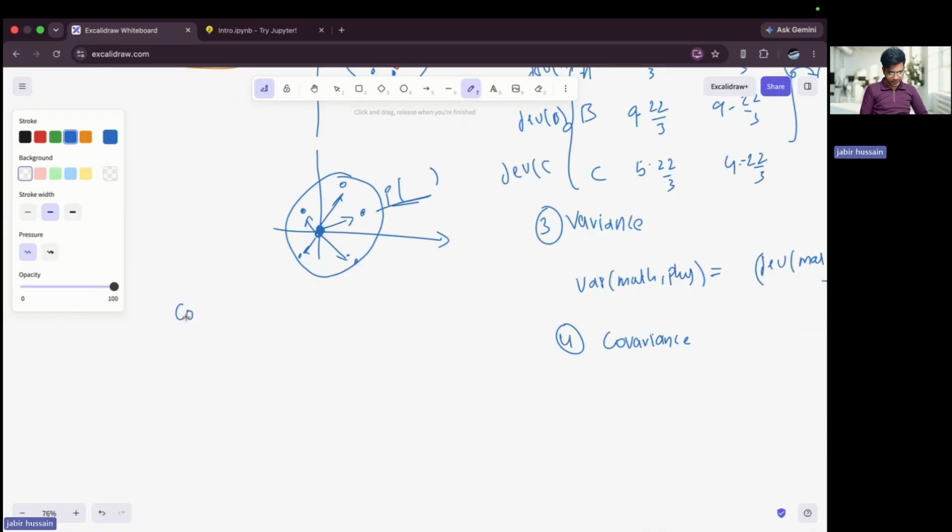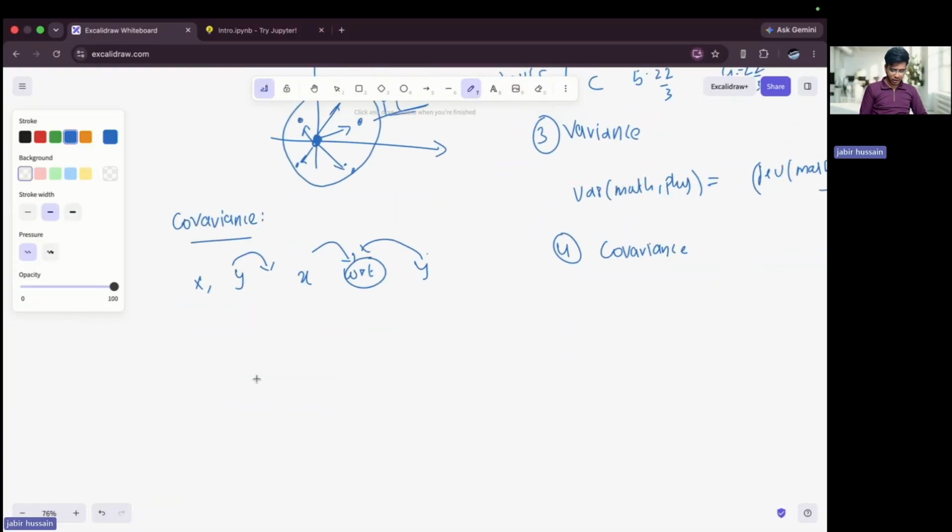Now covariance: let's say I have one feature X and another feature Y. Covariance tells how X is changing with respect to Y and how Y is changing with respect to X. So if X and Y are directly proportional, it means that if X is increasing, then Y is also increasing. If Y is increasing, then X is also increasing.